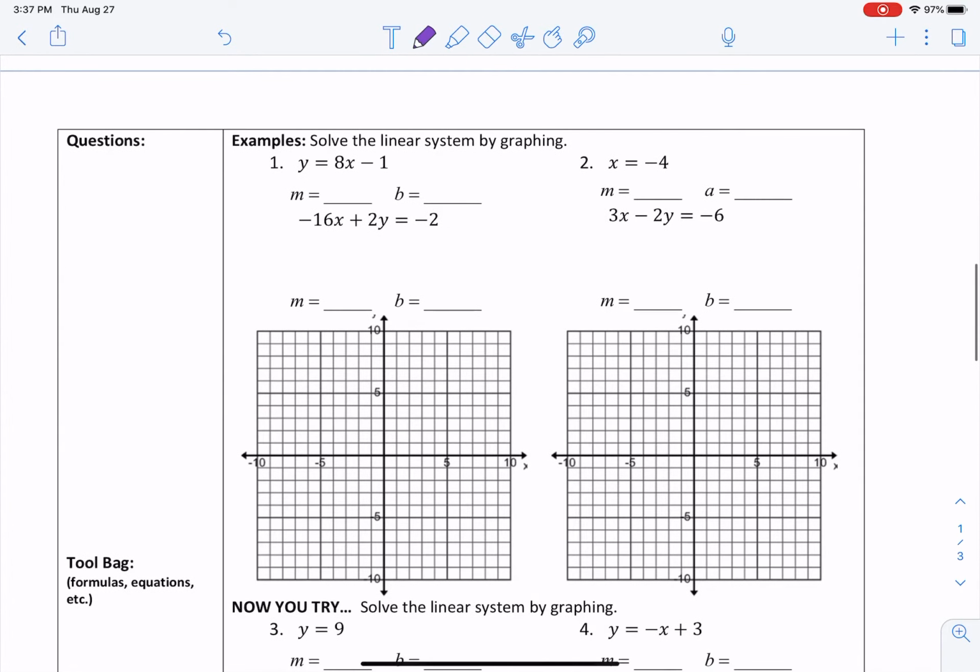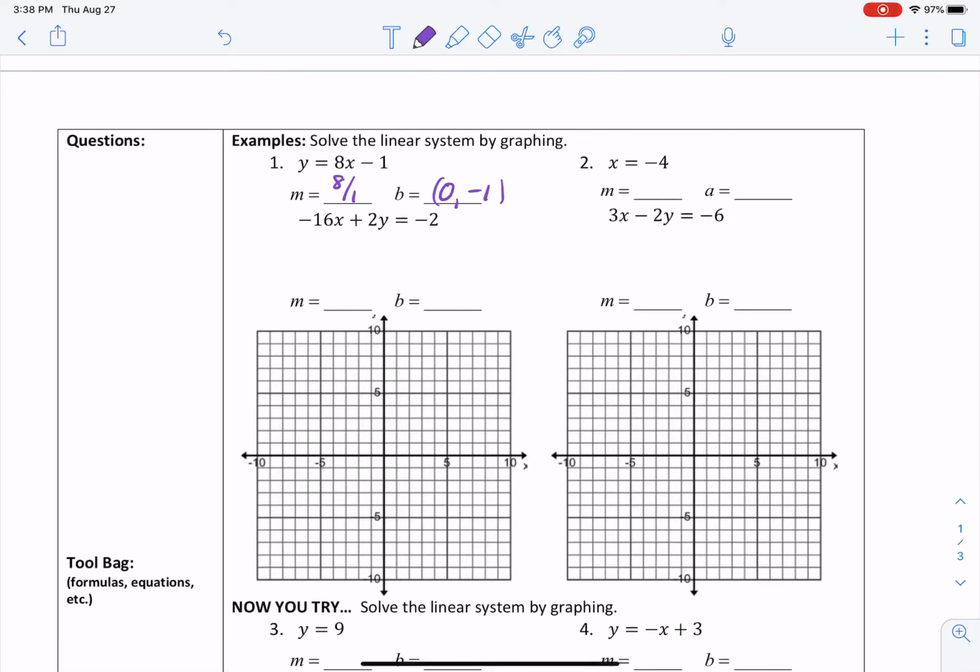All right, so let's look at some other ones. Starting with y equals 8x minus 1. So the slope is 8 over 1, and the intercept is the point (0, -1). So that one, I don't have to do anything other than graph the equation.